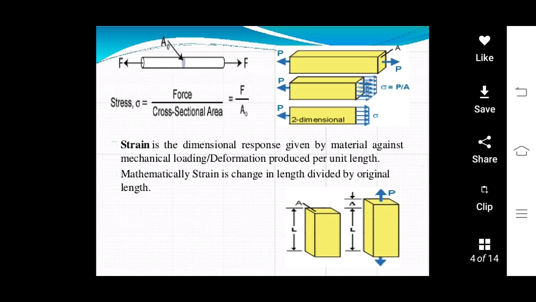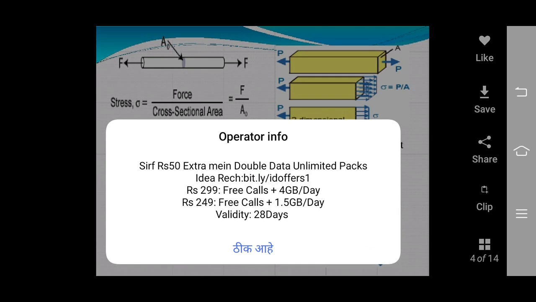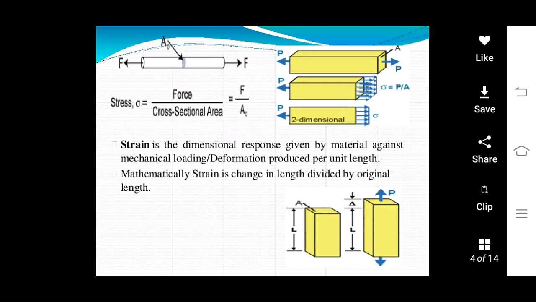If a metal has cross sectional area A and the force applied on the neutral axis is P or F, then the stress is calculated by the simple formula: force upon cross sectional area of metal.